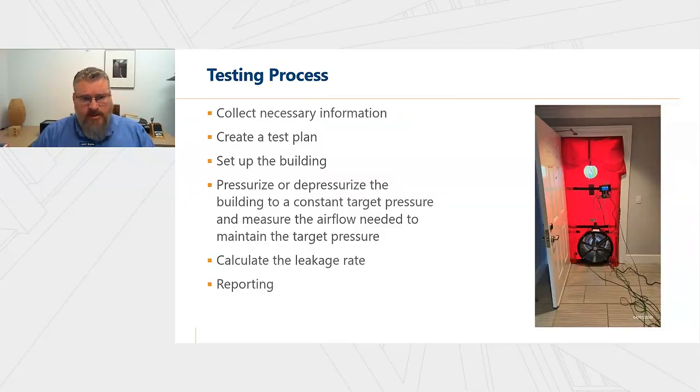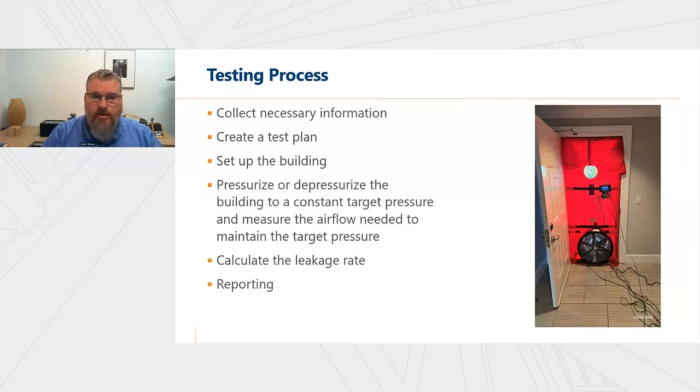After the building's set up and you've got all the equipment in place and your data network connecting all the fans back to your central computer, you're going to pressurize or depressurize the building to a number of different constant target pressures and measure the airflow needed to maintain those pressures. And so depending on what standard you're under, usually we test in both directions because you're actually going to get different values.